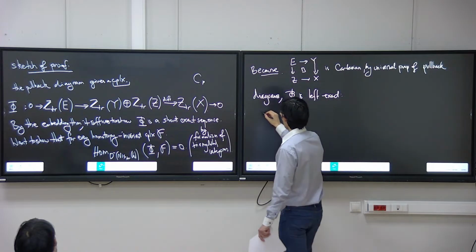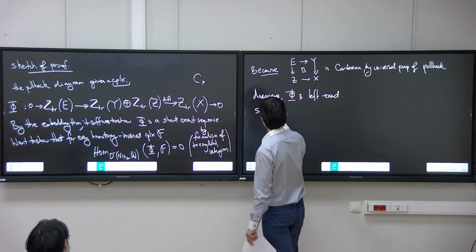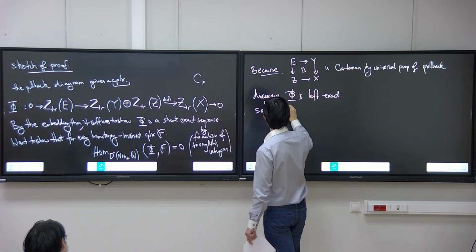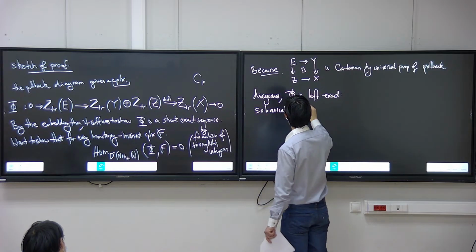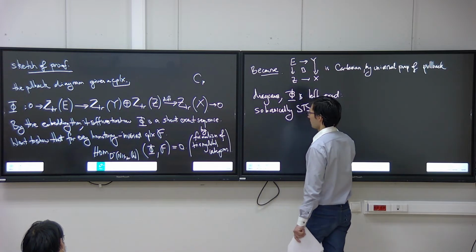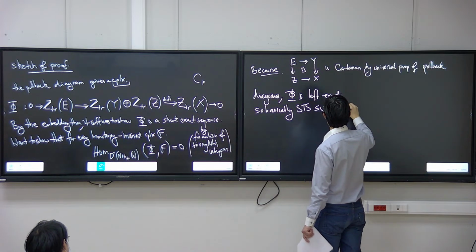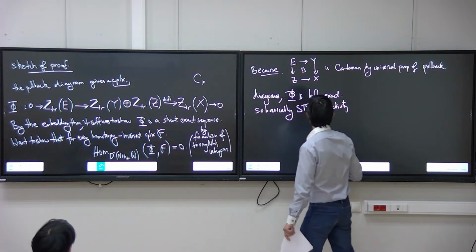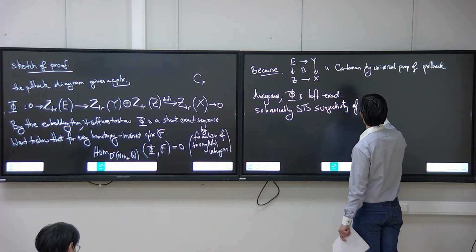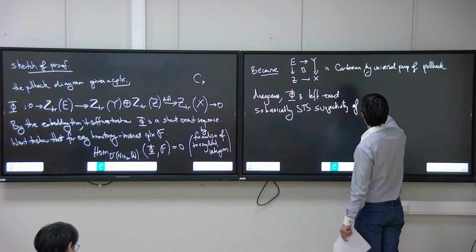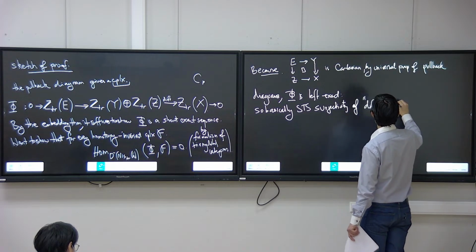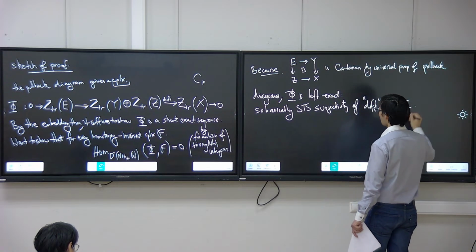So basically, it suffices to show surjectivity of the last map, of the diff map, in phi.